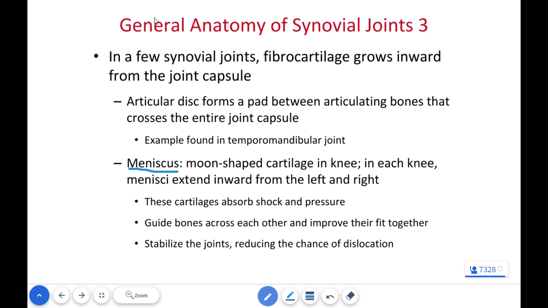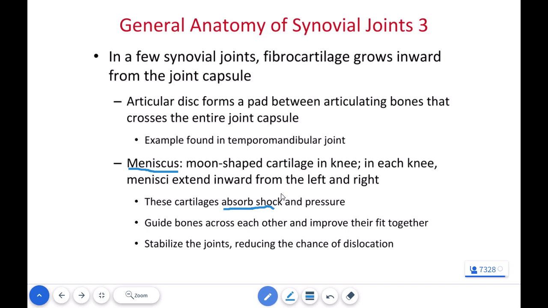Now, in addition to serving as a shock absorber, and I can't emphasize this enough, our menisci are the shock absorbers. When we think fibrocartilage, I want you to think shock absorption, particularly with the intervertebral discs and with the menisci. But there are some secondary functions as well. These fibrocartilage pads help to guide the condyles of the femur and keep them aligned with the condyles of the tibia.